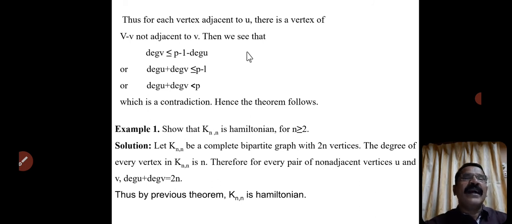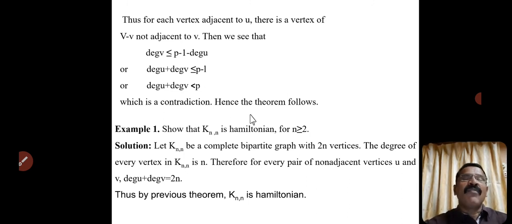Then we see that degree of v is less than or equal to p minus 1 minus degree of u. Or we can say degree of u plus degree of v is less than or equal to p minus 1, which is a contradiction.